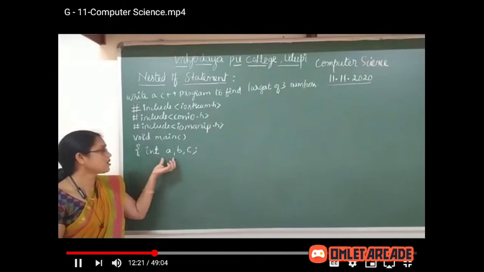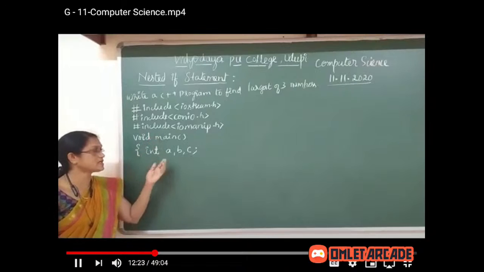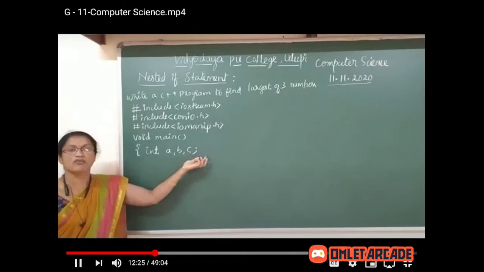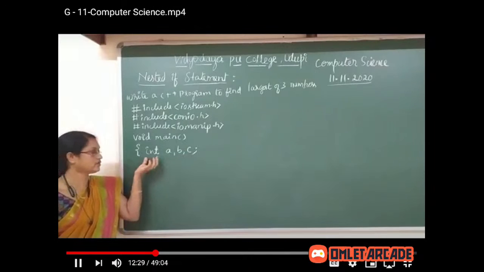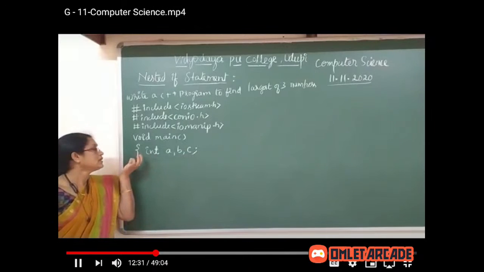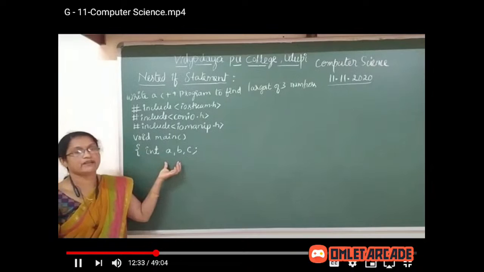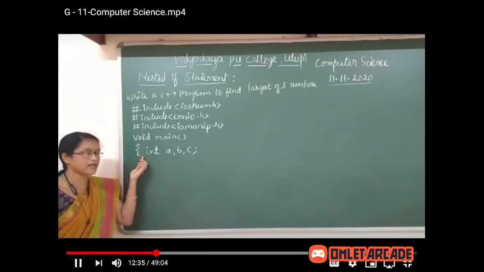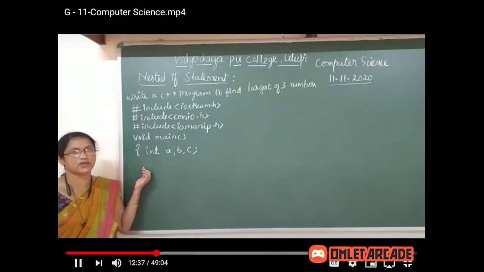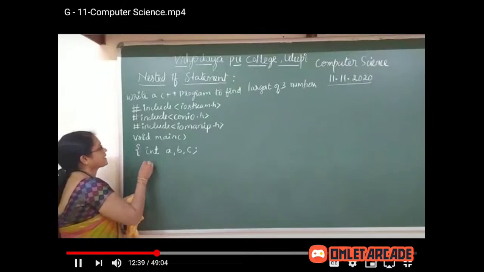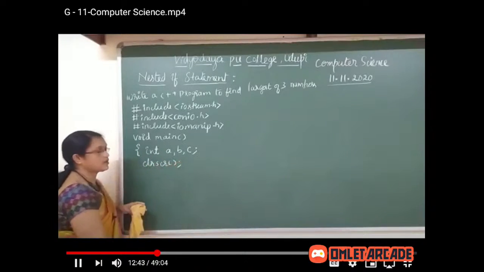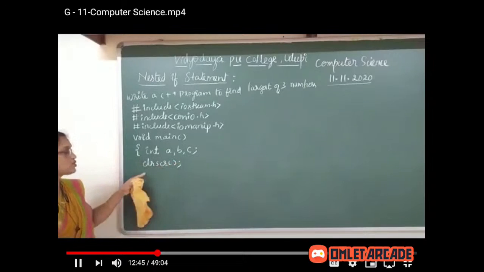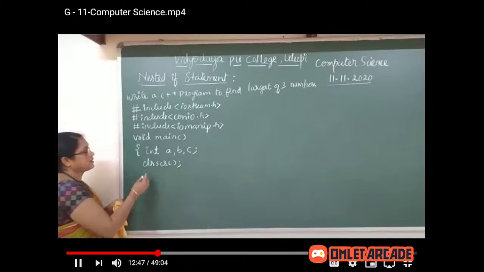Okay. So int a, b, c: int, leave space, a, b, c, followed by semicolon. In the same line also you can declare the variables after leaving one space, otherwise on the next line also you can write. Next, clrscr followed by semicolon, that is to clear the output screen.